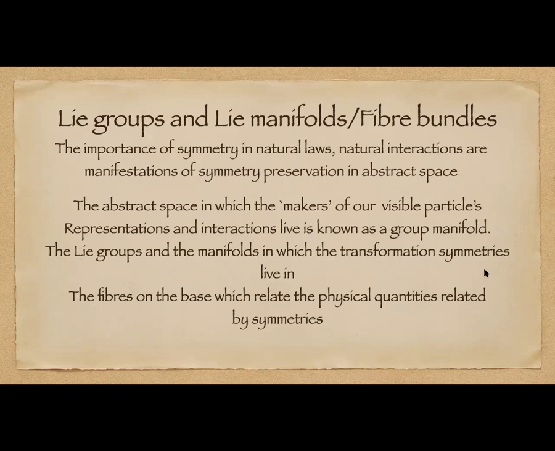All the particles and the mediators of interactions, the gauge fields, are representations of these groups and their symmetries. And because they are abstract, we don't see them visually in our conscious existence, but they are real.